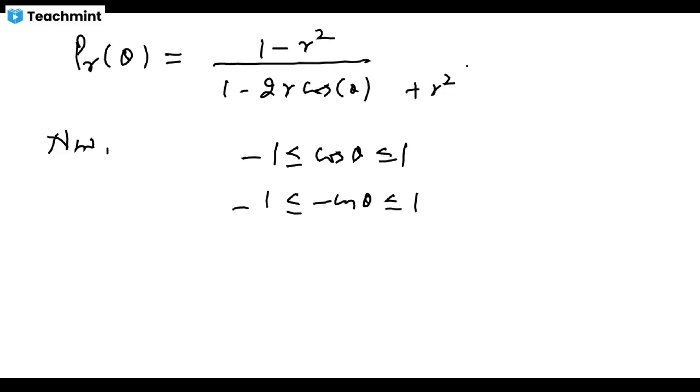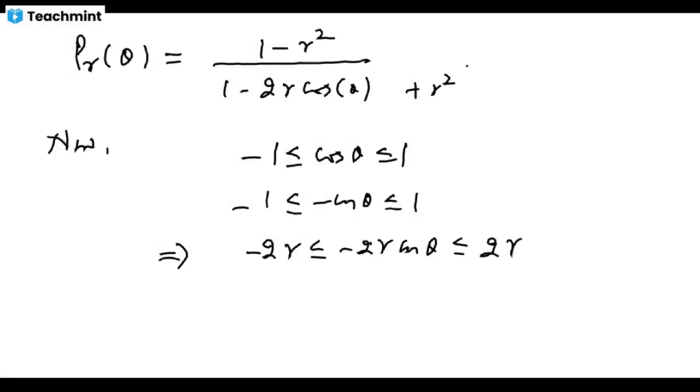Let's multiply it with 2r, r being a positive number, so the order of the inequality will not change. You will have minus 2r less than or equal to minus 2r cos theta, less than or equal to 2r.